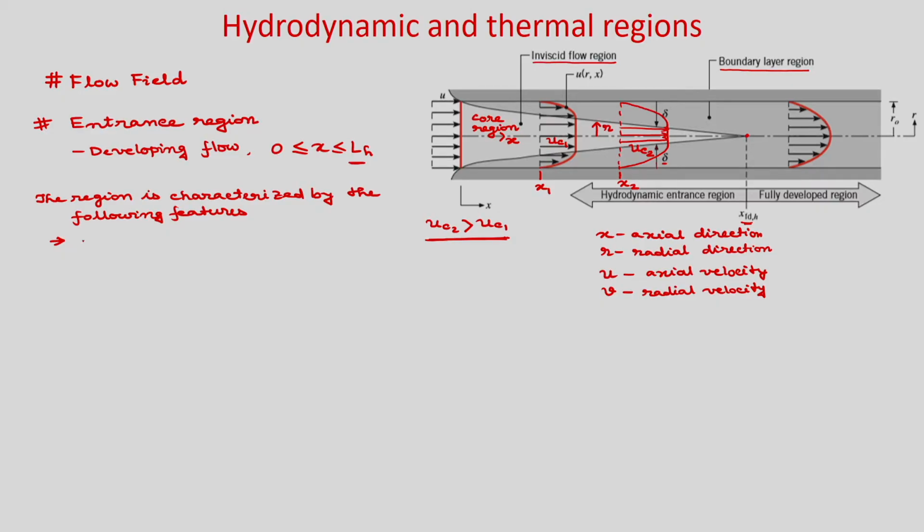So, the radial velocity component does not vanish, that means V r is not equal to 0, and hence the streamlines are not parallel.